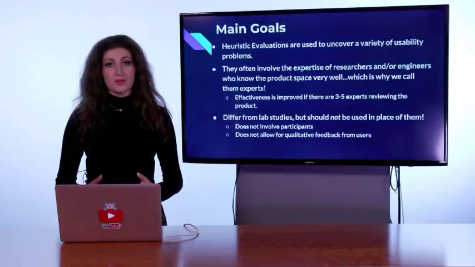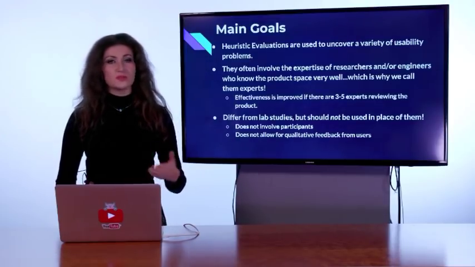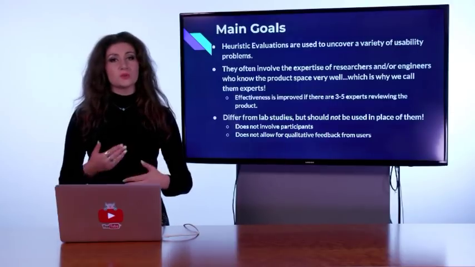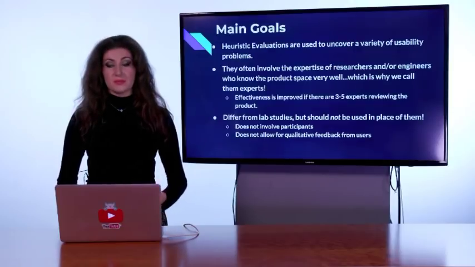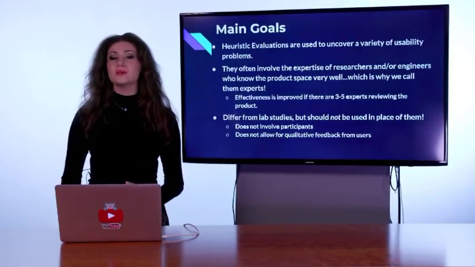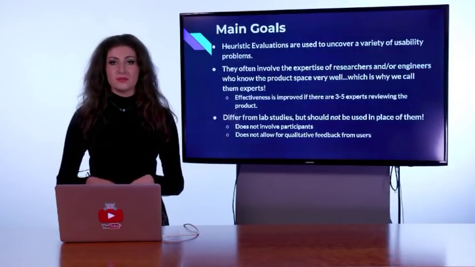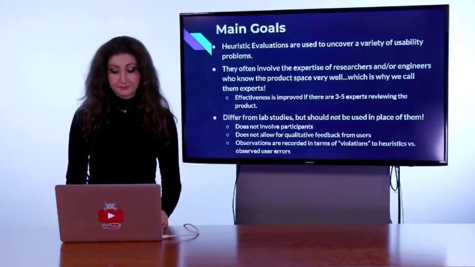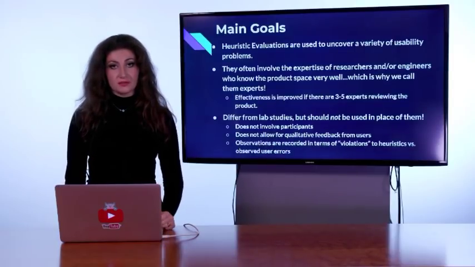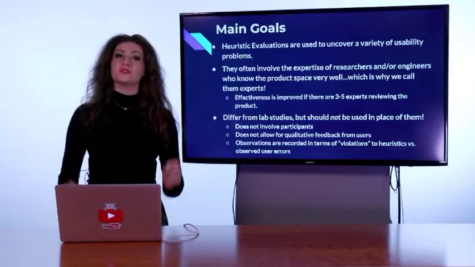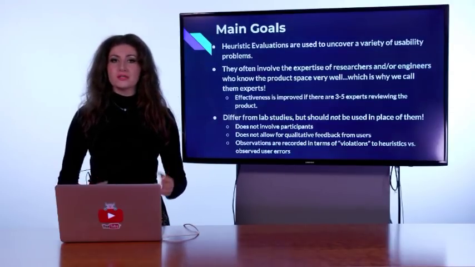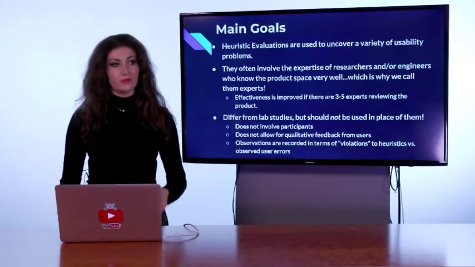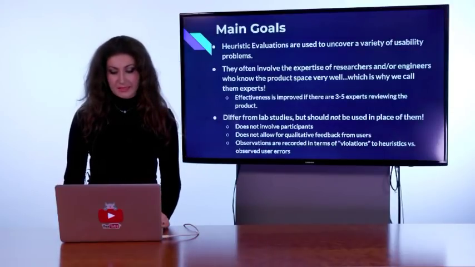And the great thing about that is that as the researcher, you can actually ask the participant to explain their behavior and ask them why they were challenged by particular steps in the process. In a heuristic evaluation, you cannot do that because, again, the researcher is the only participant. And so observations in a heuristic evaluation are recorded in terms of violations to the heuristics that we will be talking about, versus observed human behavior that you see in a usability study.